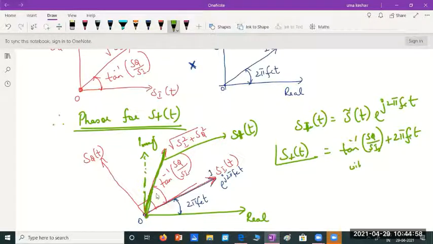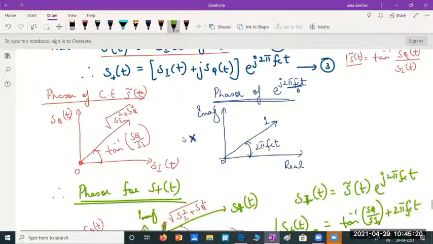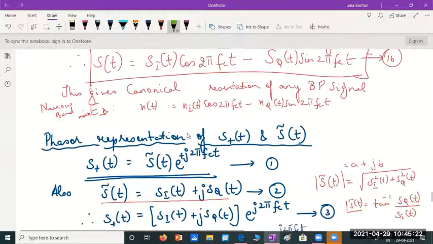Whatever is the angle it's making, it's the sum of these two. And then what is the magnitude of S plus of t? The magnitude of S plus of t is root of SI square plus SQ square. Is this clear? Any doubts with drawing this phasor diagram? Please ask if you have any doubts in any of the things we have discussed.